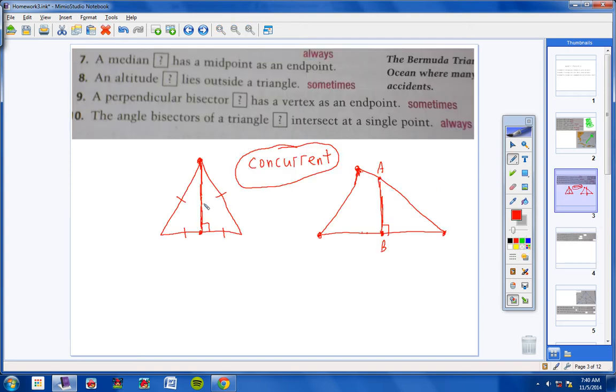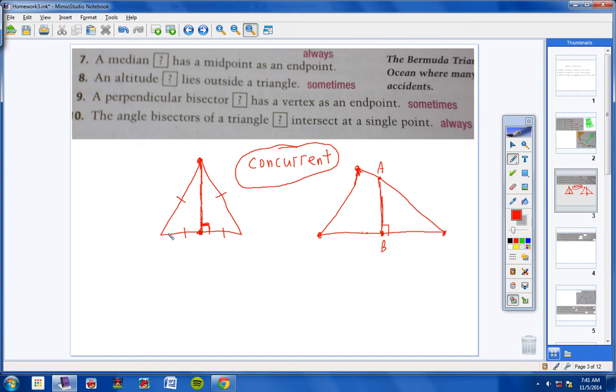Here it is, okay? This is an altitude because it runs from the vertex to the opposite side, and it's perpendicular. That's all that altitude has to do, students, is run from a vertex so that it's perpendicular to the other side. But also, this line here is a perpendicular bisector because it hits the midpoint.